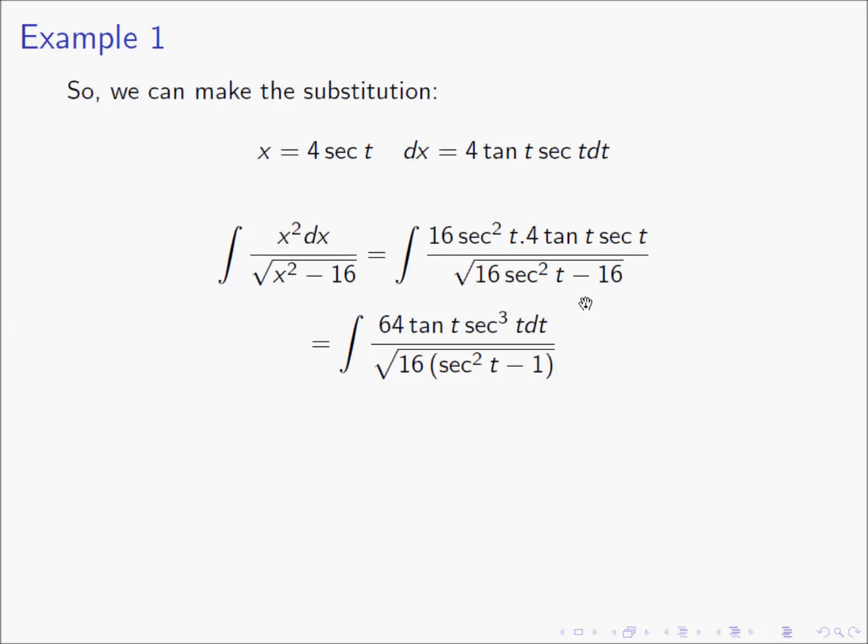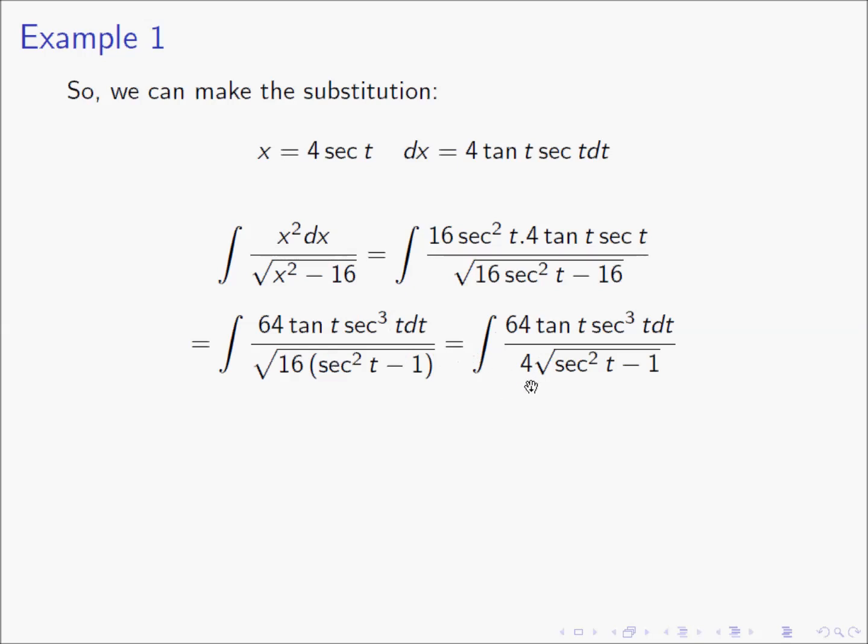And in the denominator we can factor the 16. We can take it out of the square root sign, and here is when we use the identity. We have this identity, which means that secant squared of t minus 1 equals tangent squared of t. And this expression on the left side is what we have inside the square root.